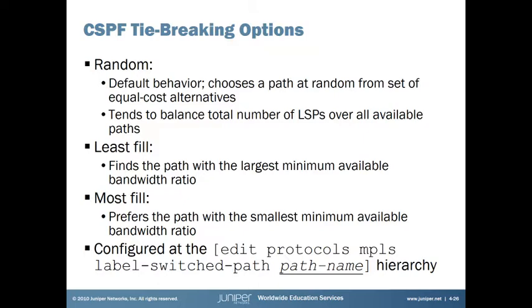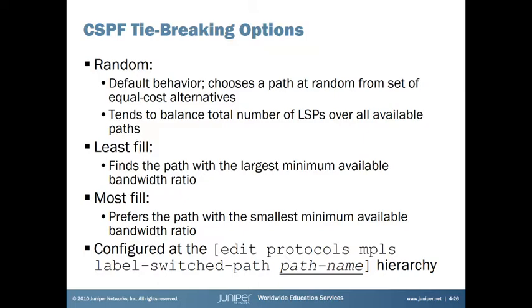What we're talking about here is that we put all of our constraints in, and we've been able to meet our bandwidth requirements, our hop requirements, our priority requirements, our path requirements. We've met everything, and we've come up with two paths that have the same number of hops and meet all of our requirements, and now we have to decide which one to choose.